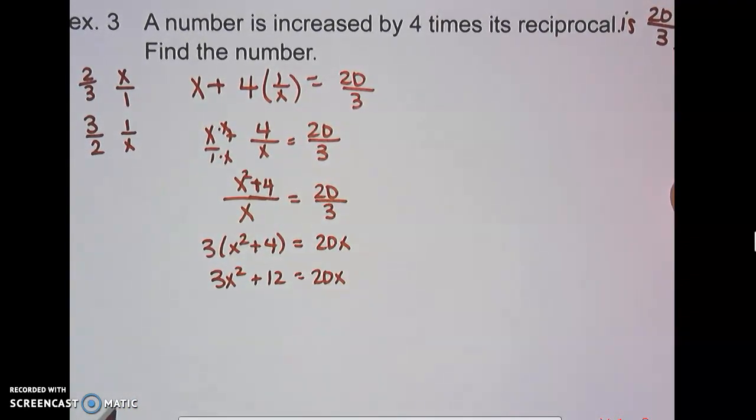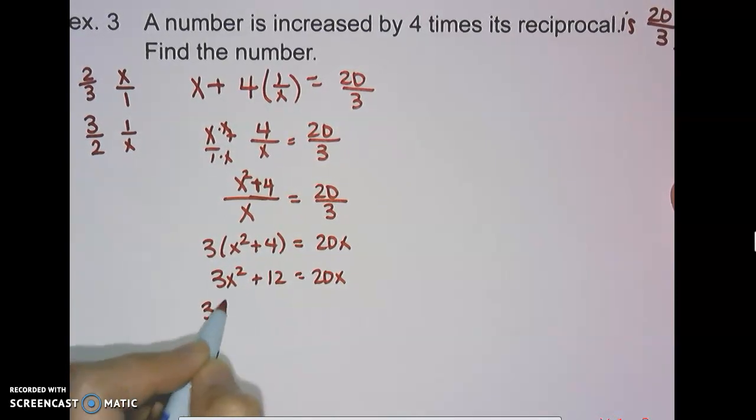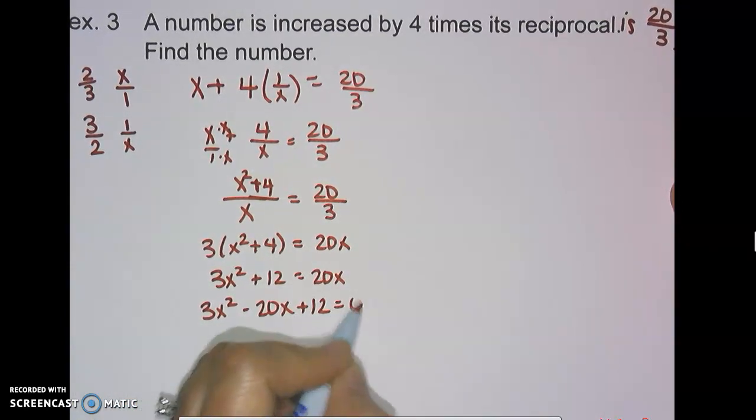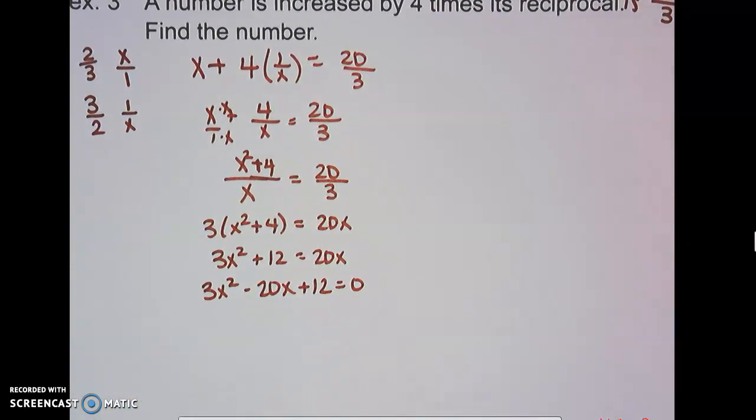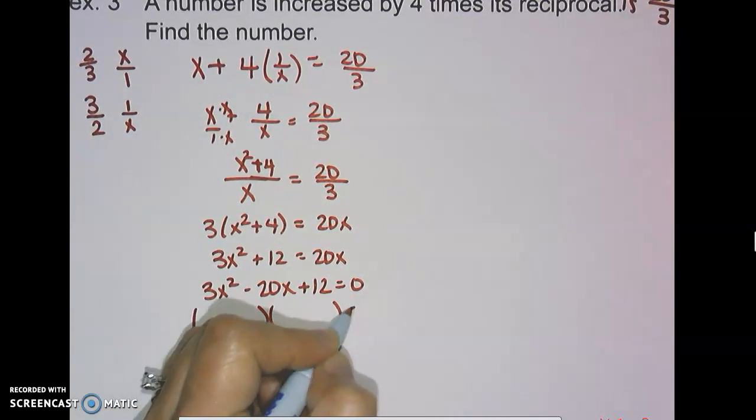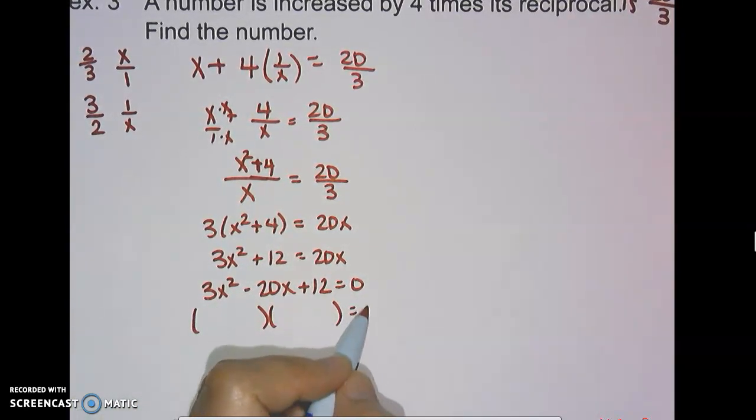And then we're going to work on moving everything to the left-hand side. So 3x squared minus 20x plus 12 equals 0. And now that we're here, we're going to work on factoring this. 3, 20, 12 don't have something in common, so that means we're going to work on factoring here. If you really wanted, you could do a different method.